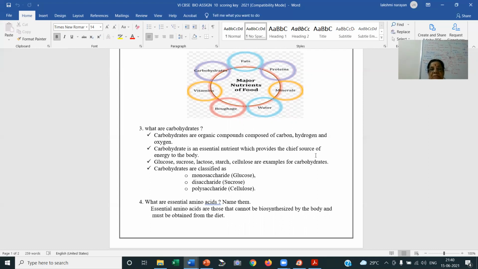Then glucose, sucrose, lactose, starch, and cellulose are examples of carbohydrate.